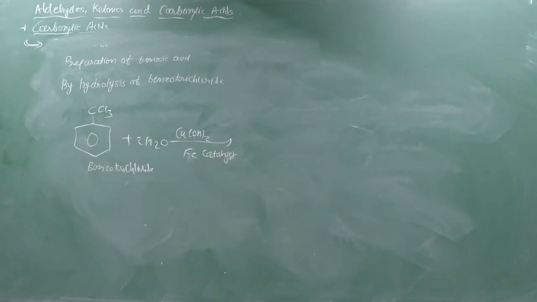Benzotrichloride, obtained by passing chlorine through boiling toluene at 383 Kelvin in presence of light, is hydrolyzed with milk of lime. Milk of lime means Ca(OH)2, in presence of Fe catalyst to give benzoic acid. 3HCl is released here.